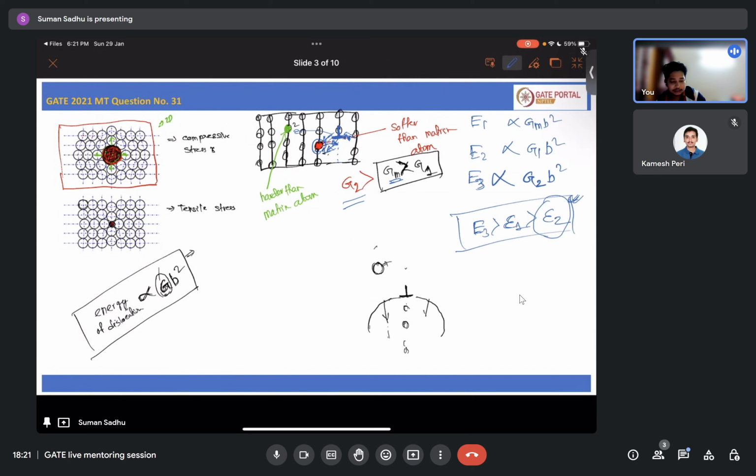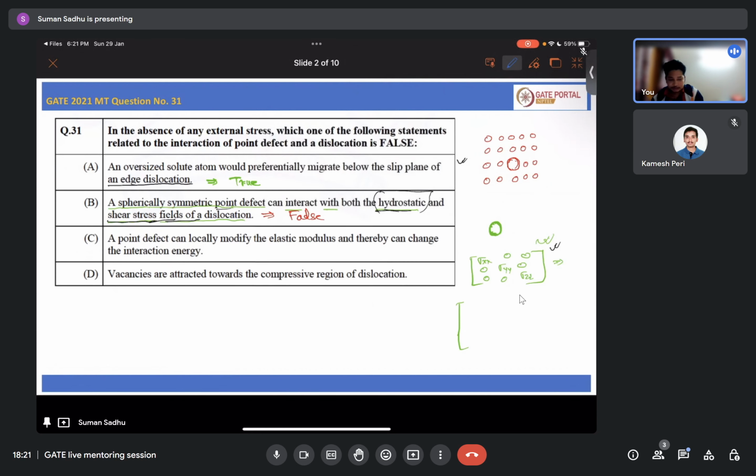On the other hand, this dislocation will get repelled from the atom which is relatively harder than your matrix. So whether the dislocation will get attracted towards your solute atom or repelled from it depends on the modulus of that solute atom. So what is mentioned here is true.